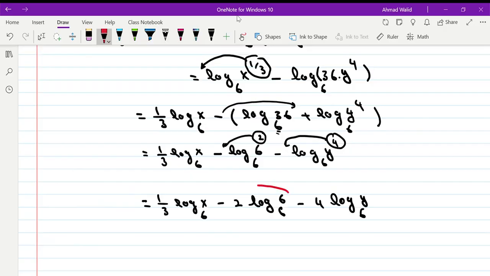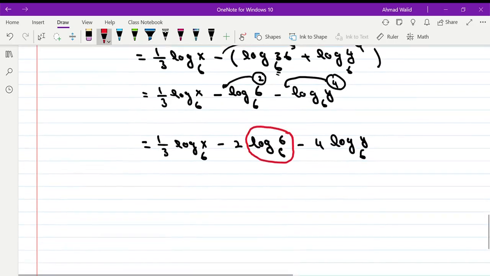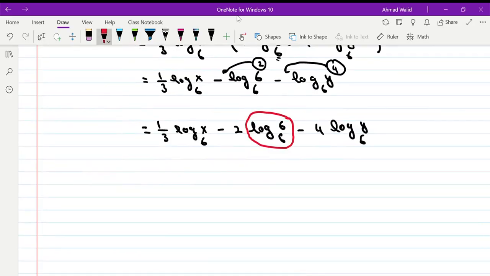One more step, right? I'm a good student. I can see all the rules. Log of 6 base 6 is giving me always 1. Then my final answer will be 1/3 log of x base 6 minus 2 minus 4 log of y base 6.